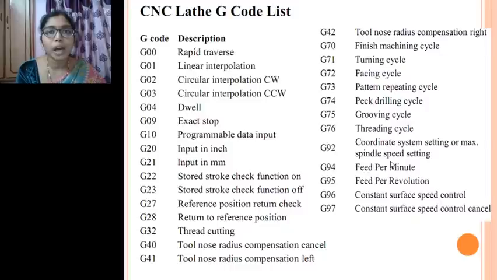Now, there are two kinds of codes which we use. To write a program, we use two codes, that is G code and M code.